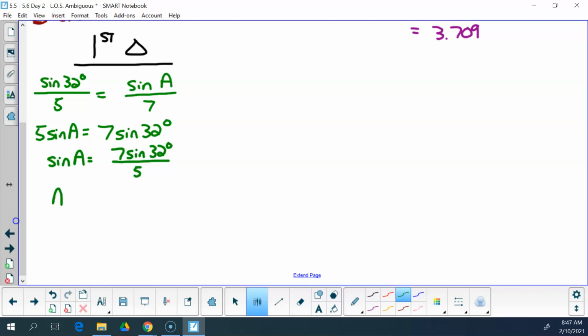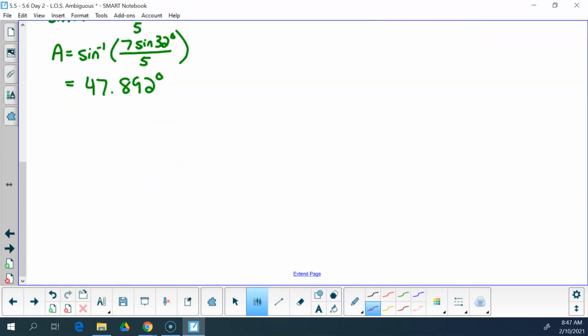That's going to be angle A is the inverse sine of that. 47.892 degrees. Yes? Okay, love it.